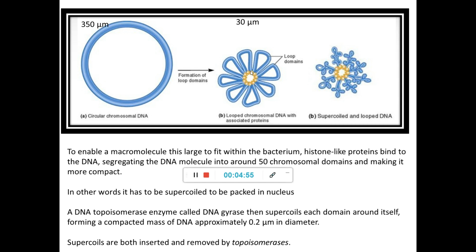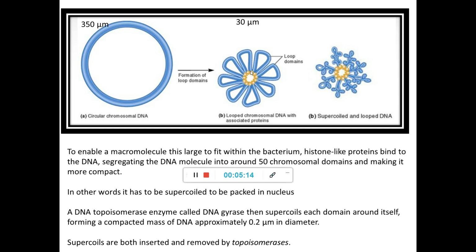bacteria. So to enable a macromolecule like DNA to fit within the bacterium, histone-like proteins will bind to the DNA and segregate the DNA molecule into 50 chromosomal domains so that it becomes more compact.